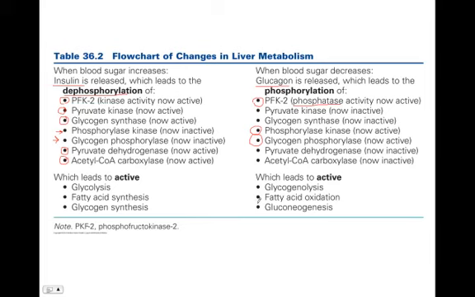The other enzyme that's phosphorylated that's not listed here is hormone-sensitive lipase, and phosphorylation of hormone-sensitive lipase initiates lipolysis in the adipose. The phosphorylation of pyruvate kinase, glycogen synthase, pyruvate dehydrogenase, and acetyl-CoA carboxylase inactivates these enzymes. This ensures that the pathways active in the fed state are inactive in the fasted state.